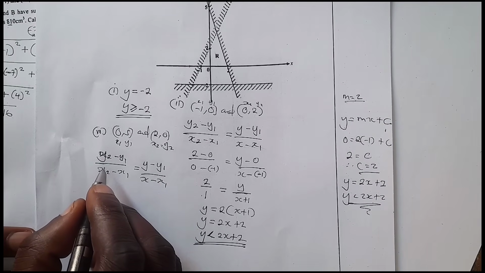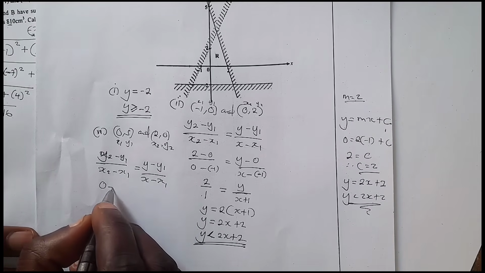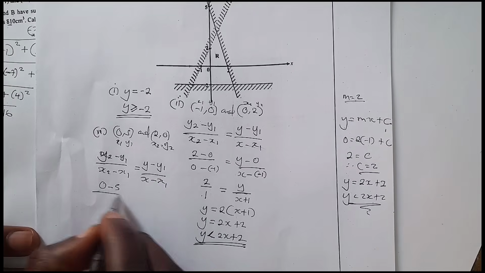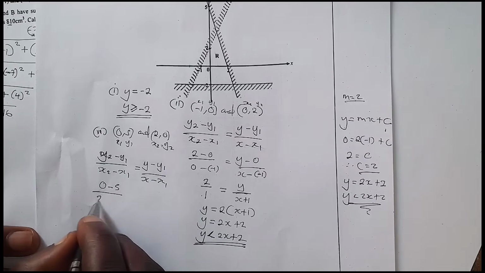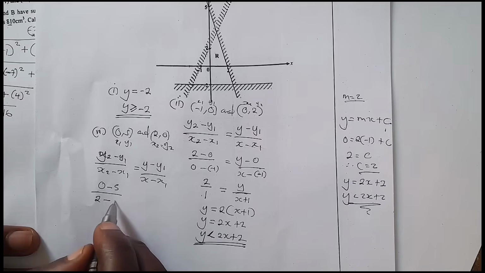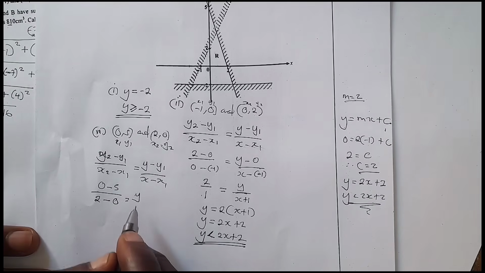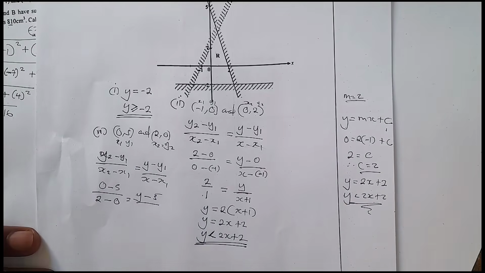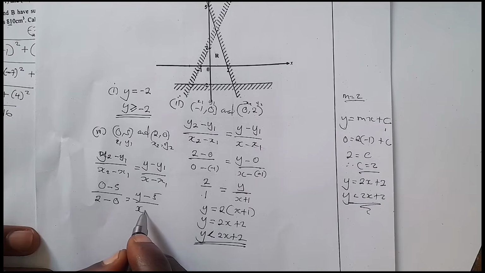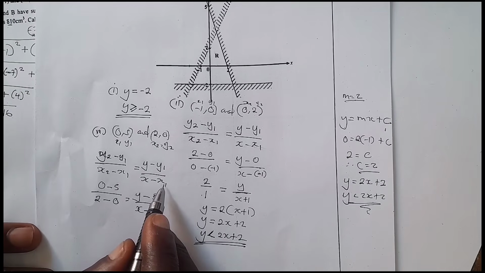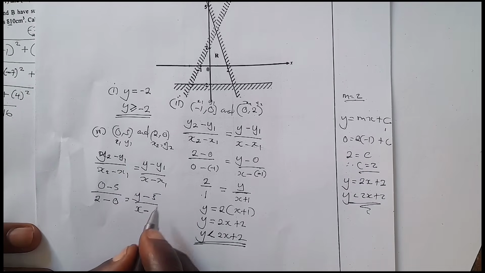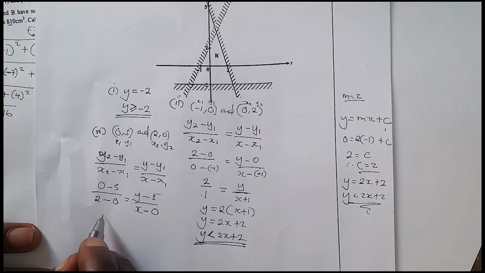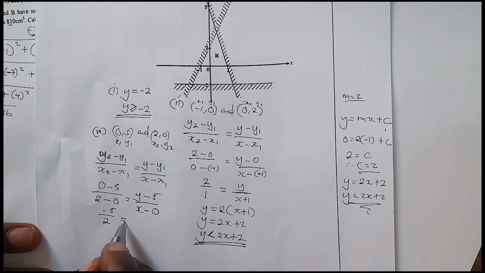y2 is 0. 0 minus y1 5 over x2 is what? 2 minus x1 0 is equal to this y, just leave it the way it is, y minus y1 5 over x, which is this one, minus x1 here, 0. Then you solve. 0 minus 5 is -5 over 2 minus 0, just 2, is equal to y minus 5 over x, right?